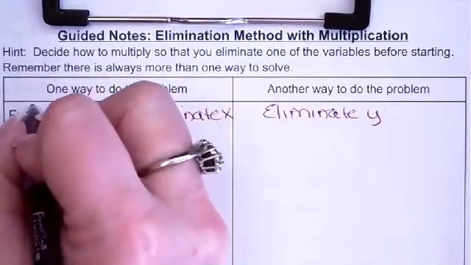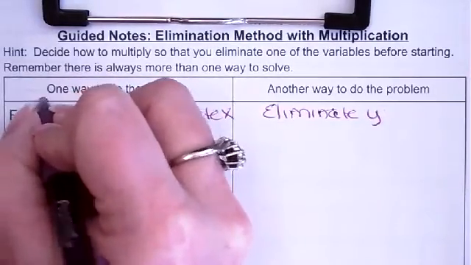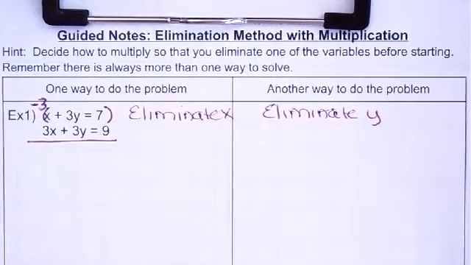That number would be -3. If I could take that whole top equation and multiply it by -3, I could get rid of my x's because I'm rigging it up so that the x terms are opposites of each other.